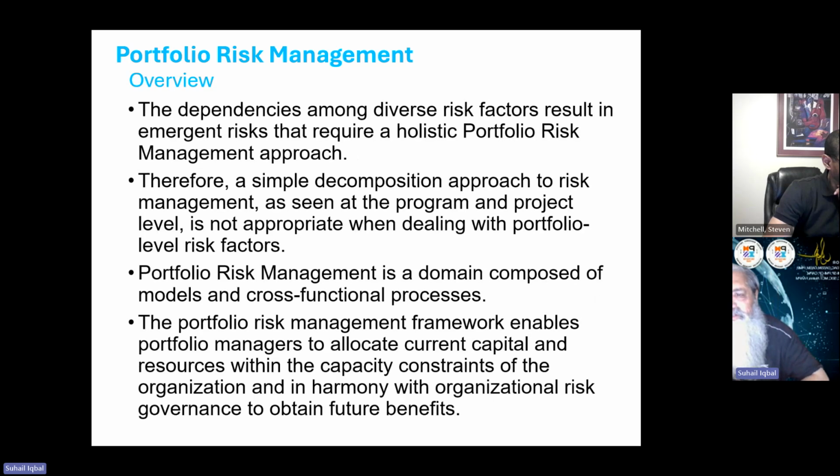Dependencies among diverse risk factors, although a challenge, result in emergent risk. We know from our previous knowledge of project risk management that there is a concept of emergent risk even in project and program management.